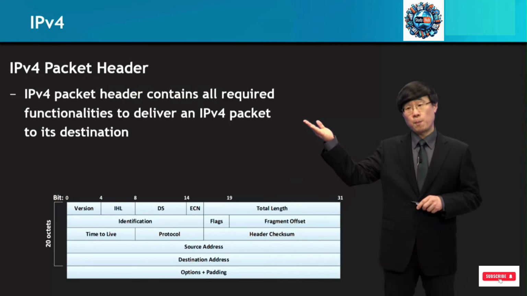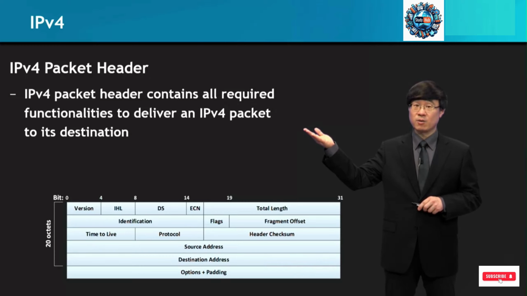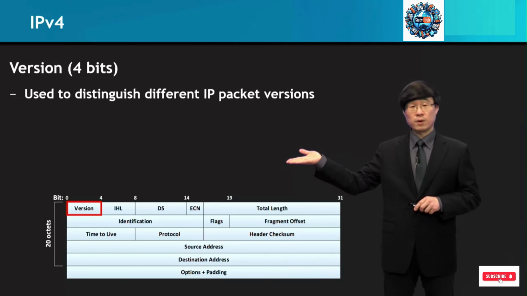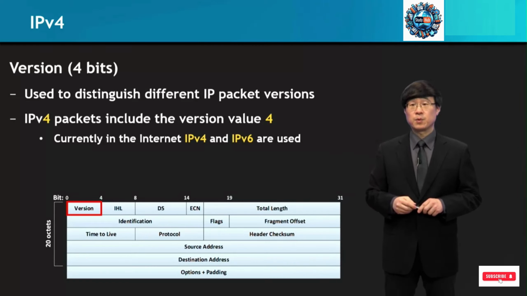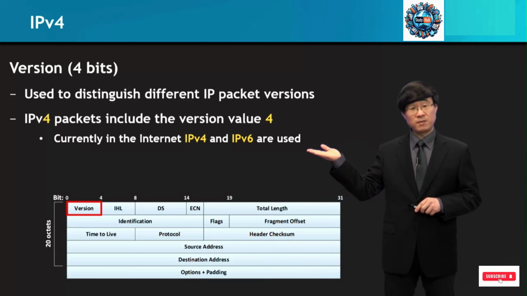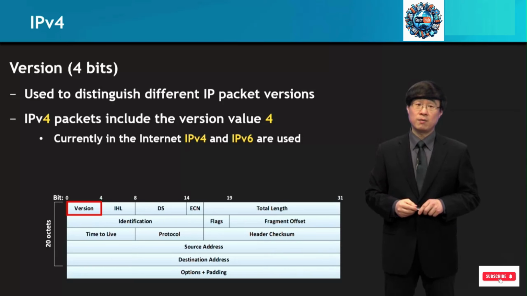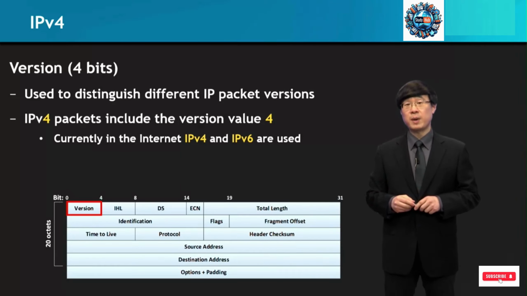The IPv4 packet header contains all required functionalities to deliver an IPv4 packet to its destination, and that's why it was called a datagram. The version field tells you what version it is, and right now we're looking at an IPv4 packet. So in the version field, it'll have the binary number of 4 inside. And in an IPv6 packet, it'll have 6 in binary written inside.